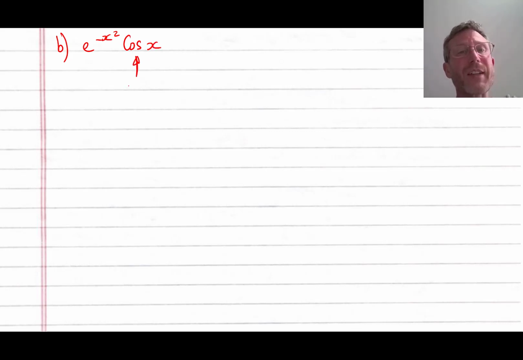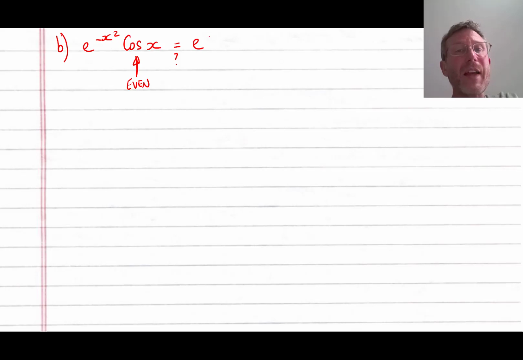The examples in the textbook: we've got e to the minus x squared cosine x. We're also going to notice a pattern, by the way. Cosine x is an even function, and the question is, what is e to the minus x squared? Let's do that question first. What happens when we plug in minus x for x?